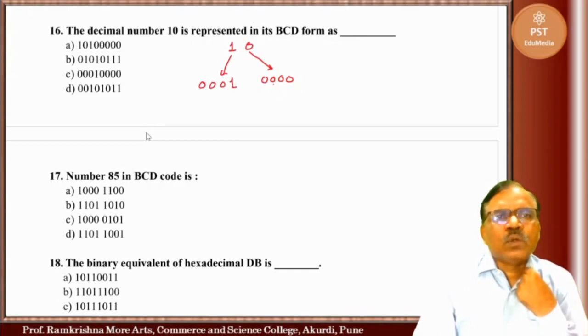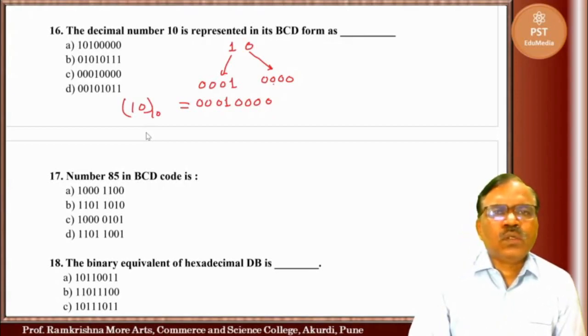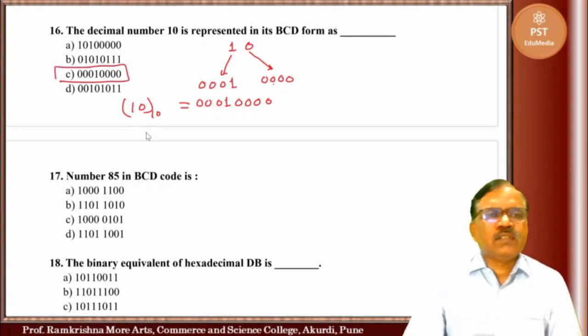So BCD is 00010000. This is BCD for decimal 10. So this one is correct.